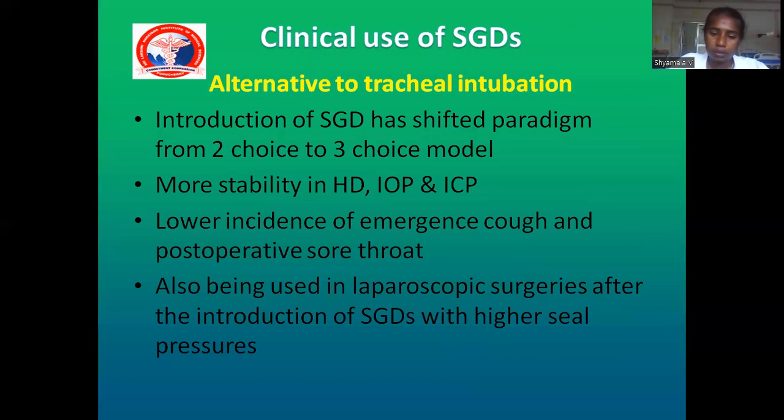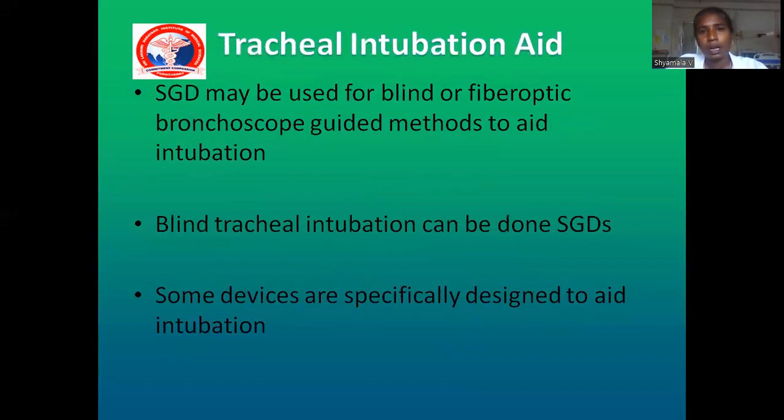We can have lesser aspiration; we can prevent aspiration because of its high sealing pressure. So the main first use is that it can be used as an alternative to endotracheal tube intubation, and it can be used as a tracheal intubation aid. Along with this you can aid some other things also.